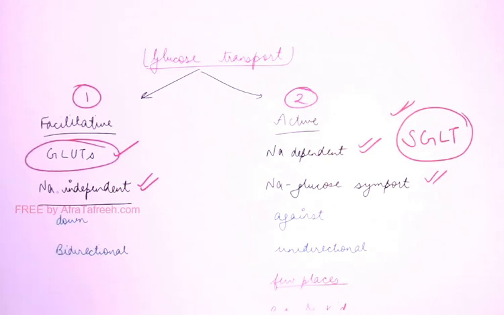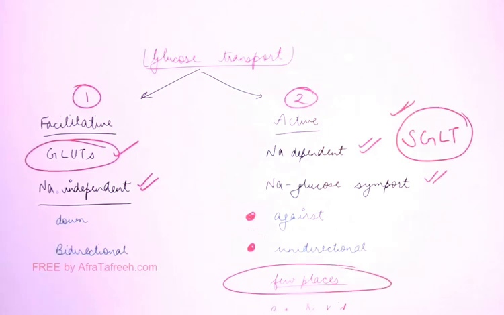Now this active transport is against the concentration gradient. That is because energy is used, so it is against the concentration gradient, and it is unidirectional. See, because we are using energy to take glucose somewhere, obviously we are taking glucose in one direction only, that is inside the cell where it has a use, right? And this active transport is present at very few places in the body, that is only in intestine and kidneys.